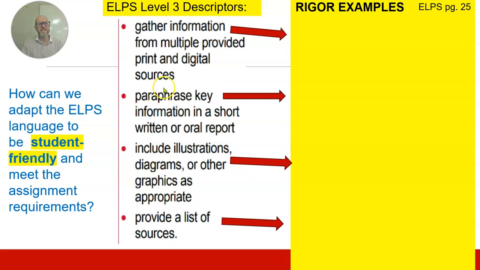Well, let's look at some language that we think might be confusing or new to our students. For example, print and digital sources. Think about how you could change that to be something that is digestible for our students in level 2. But again, we want to challenge them just a tad.